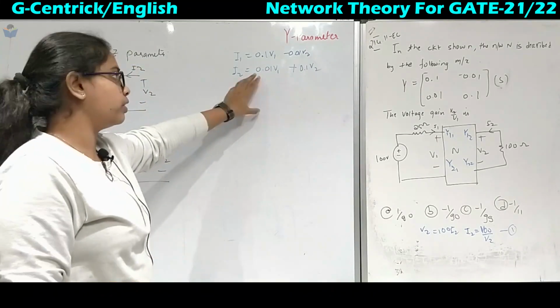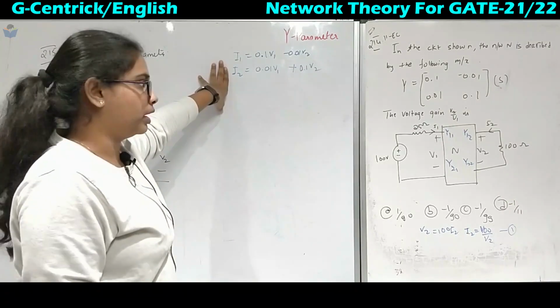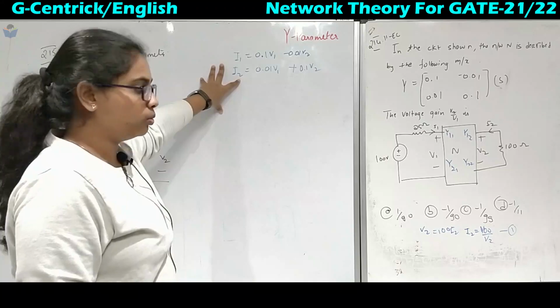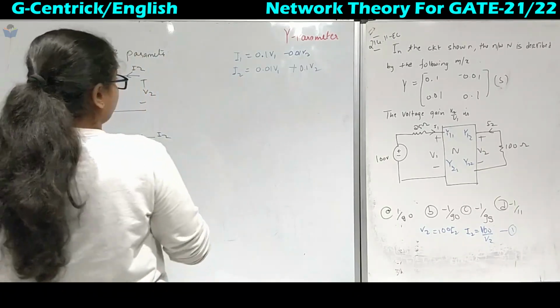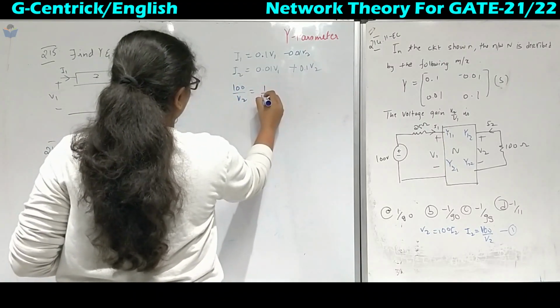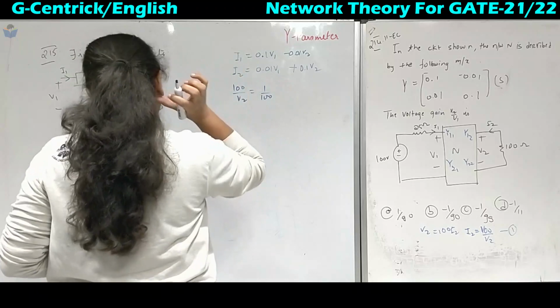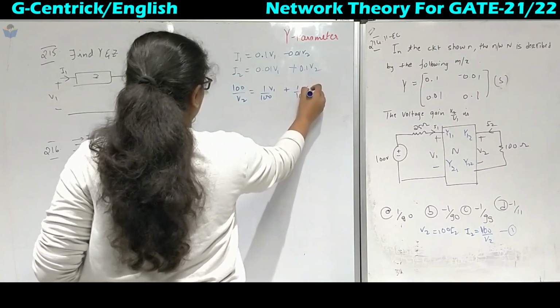We need V2 and V1. So I2 or I1 from one of these equations should be eliminated. Let us take I2 because we already have the value of I2 as V2 over 100. So I will convert this: V2 over 100 equals minus 1 over 100 times V1 plus 1 over 10 V2.